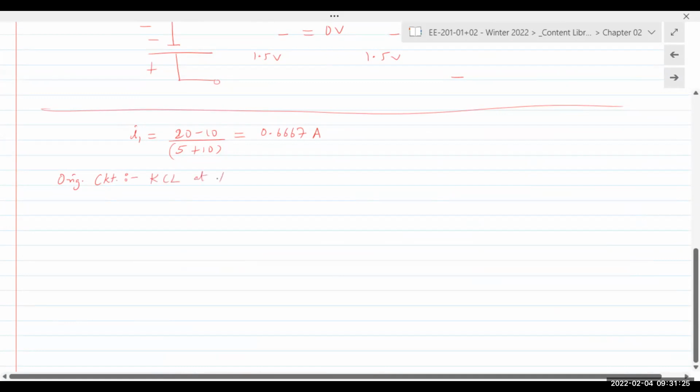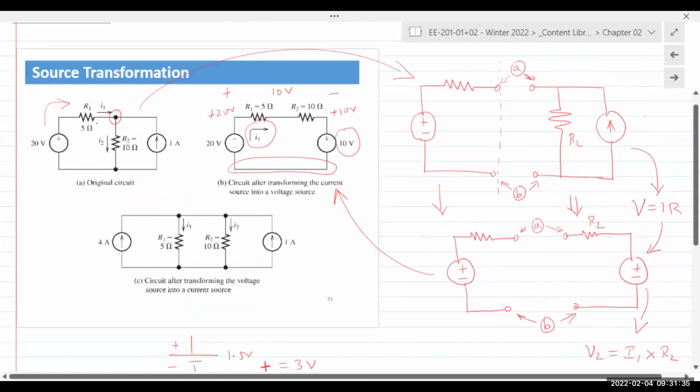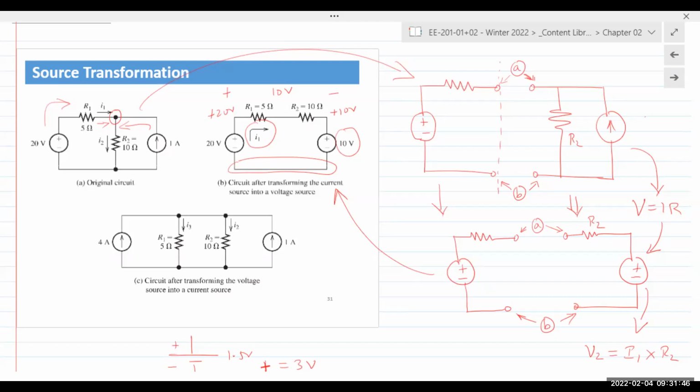KCL at the top, I can write I2 is equal to I1 plus the 1 amp current source. So look here, one current entering, the other current also entering, and then one current leaving. So two currents entering in all and one current leaving. And so I get I2 is equal to I1 plus 1 amp.